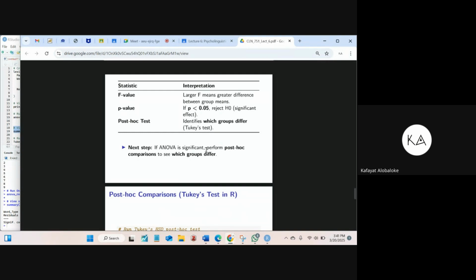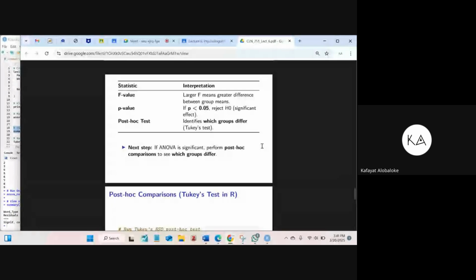Now, after running the ANOVA and finding that there's a significant difference between the word types, at least we know that one word type differs from another. However, our ANOVA does not tell us which word type differs specifically or how they differ.